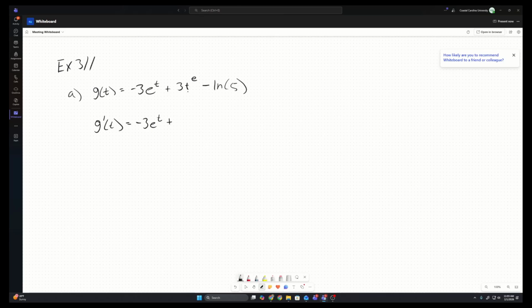So you're going to get plus 3e t to the e minus 1. e multiplies the front, we have to subtract 1, but since it's irrational, we can't really write this as a nice number. And then we have this minus natural log of 5. You can just type that in the calculator to get an answer. This is a number, so you get minus 0. So our final answer would just be negative 3e to the t plus 3e t to the e minus 1. This would be our final result.